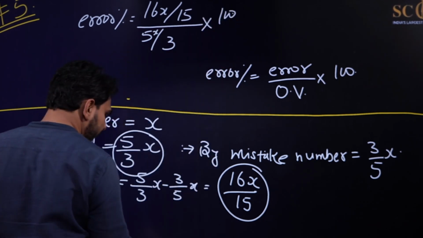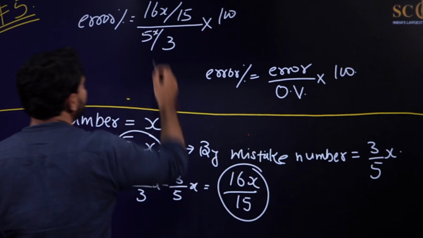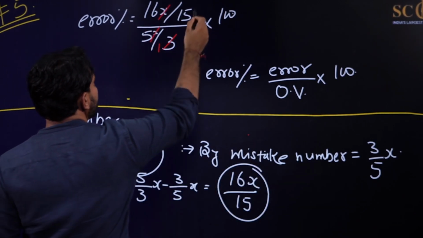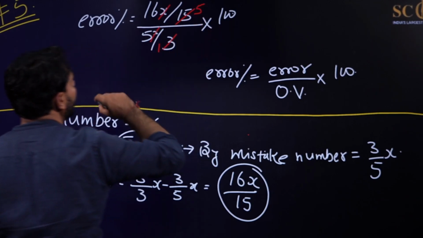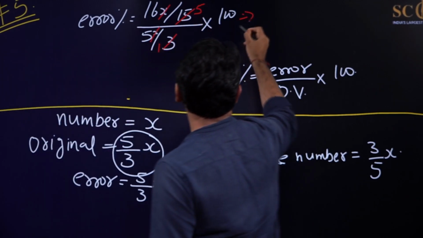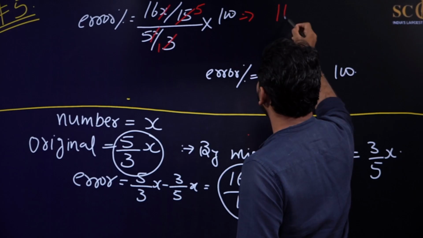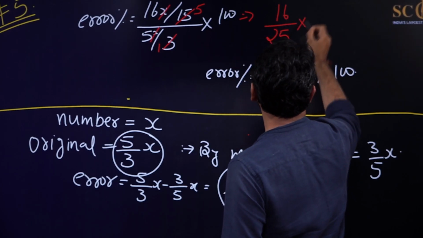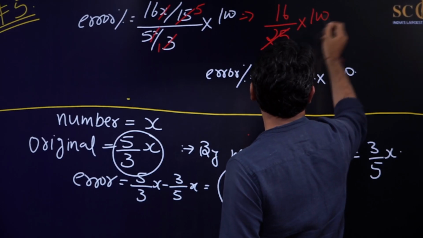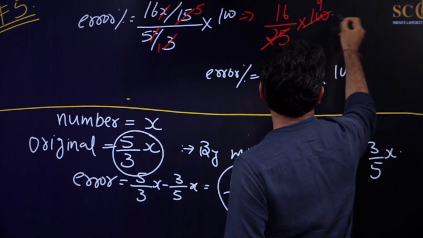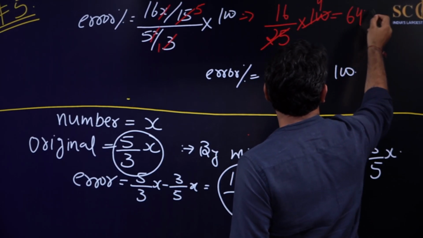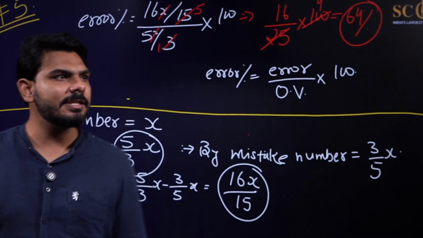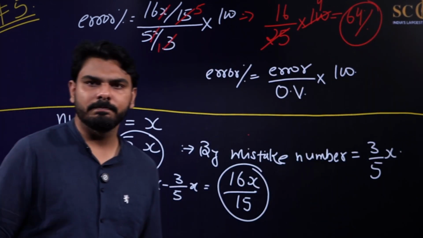Now for solving it, you can clearly see that x will be cancelled with x. 3 ones are 3, 3 fives are 15. Then ultimately you will be left with 16 upon 25 multiplied by 100. So 25 fours are 100 and 16 fours are 64. So your final answer will be 64%. It means the error is 64%. So this will be your answer.